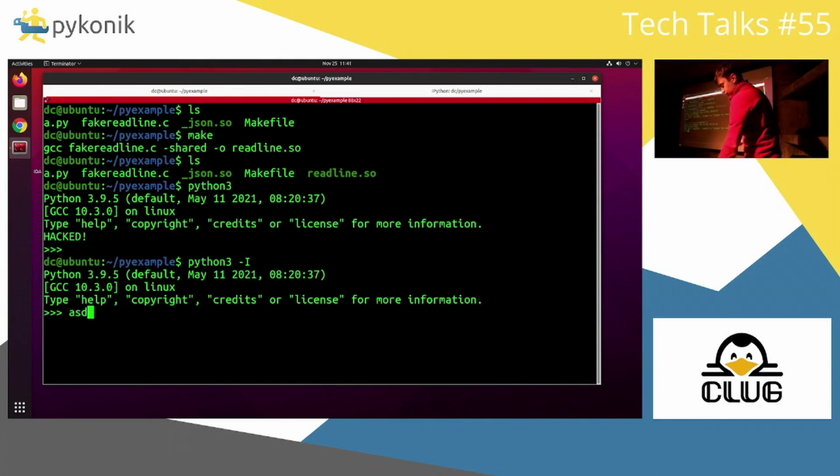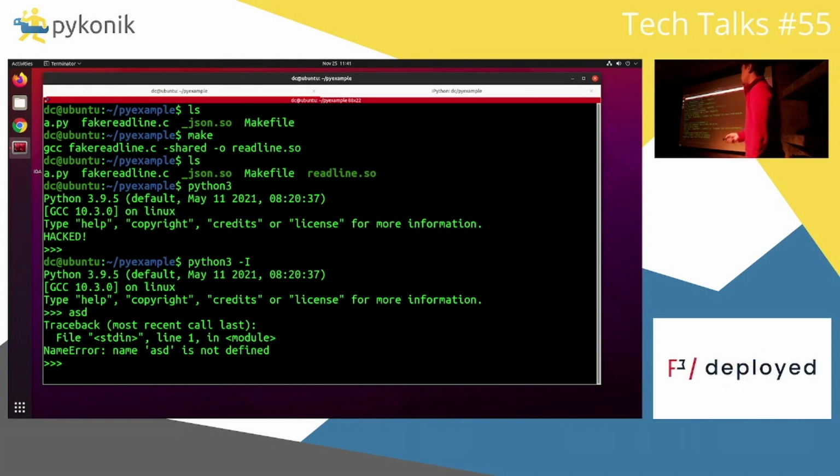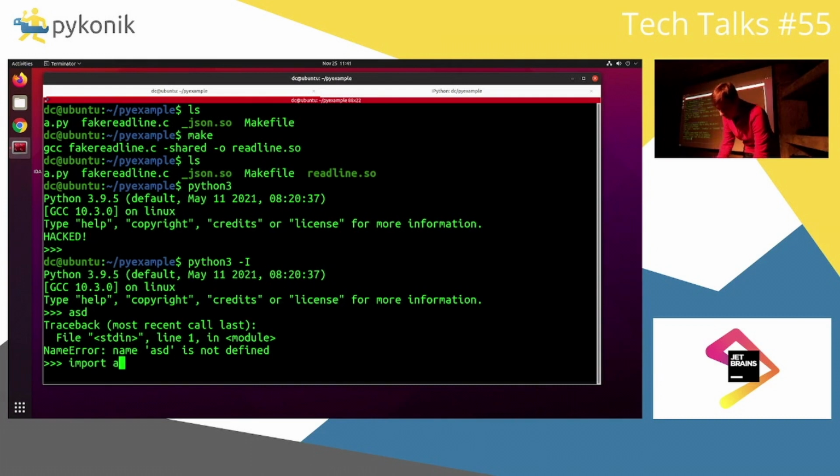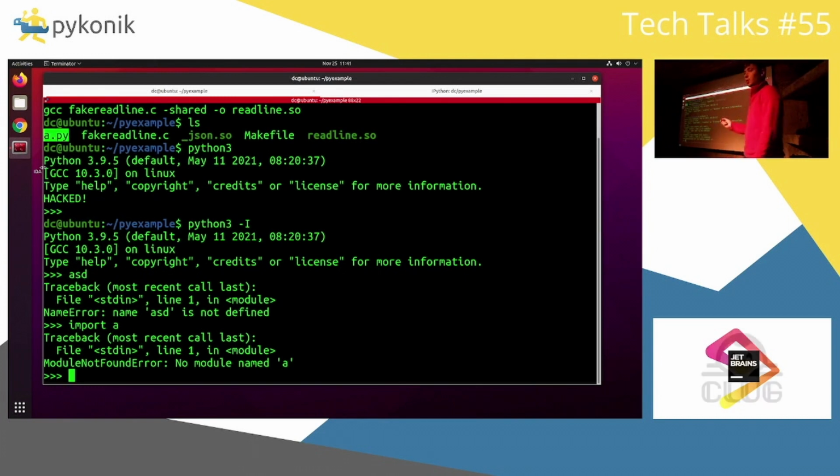Let's see if it executes json.so. Not really. So that's the way to prevent this from happening, this isolated mode. This may also mean that I may not be able to import A, which is, by the way, in this directory. I'm not sure, but let's see. Yeah, it doesn't work. So that's the result.